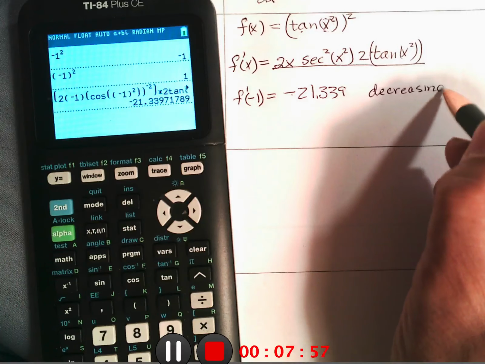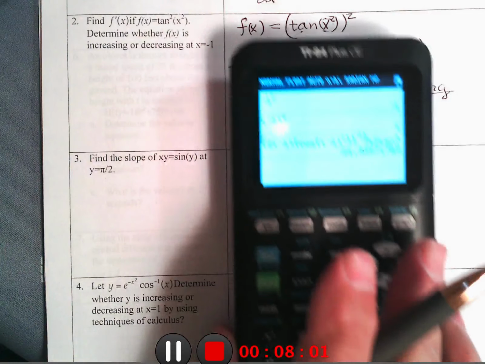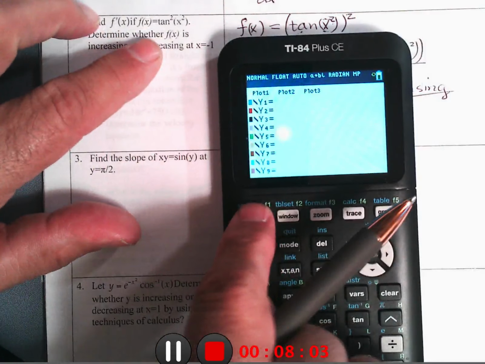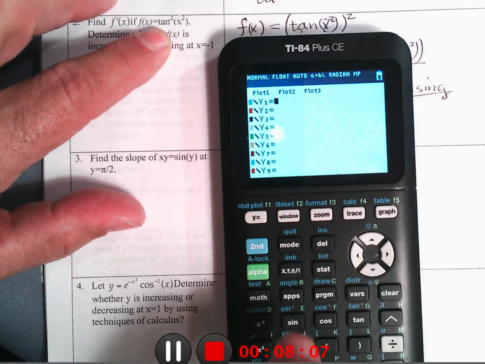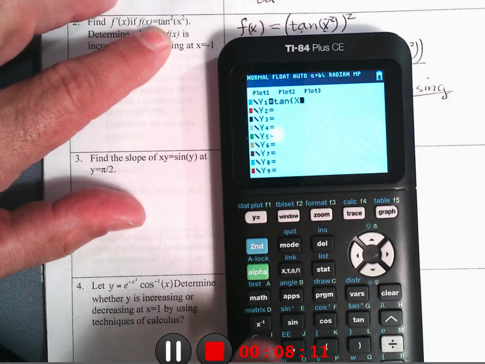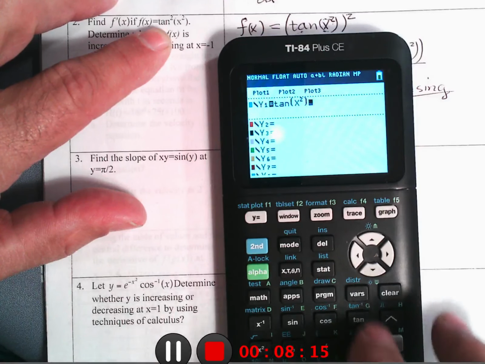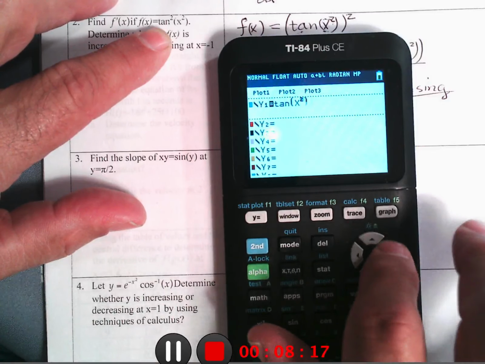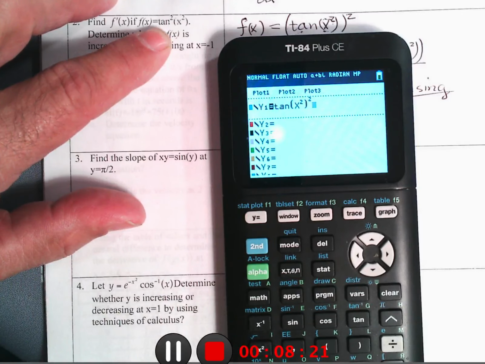And we can check that. So I'm going to go back and type in the y equals, I'm going to type in tangent of x squared, close that, and that whole thing. I'll try this, and let's see if we get different here.